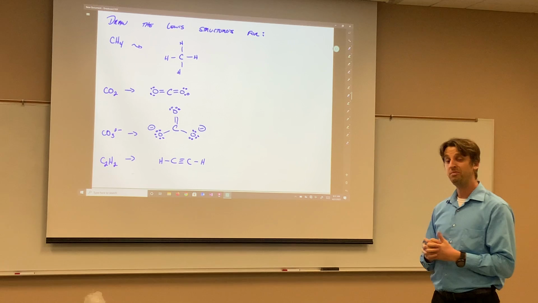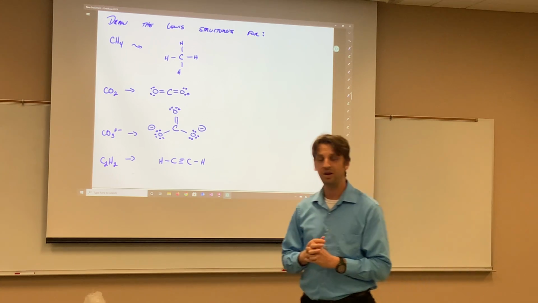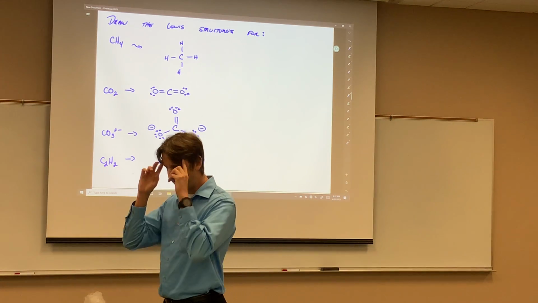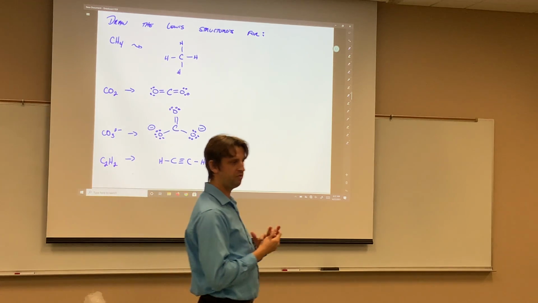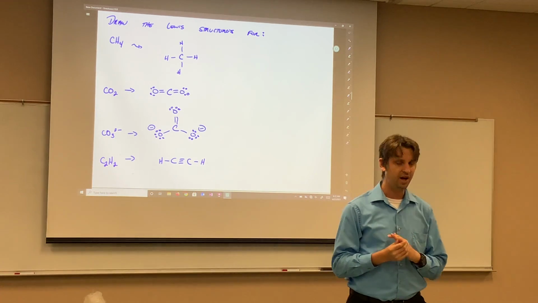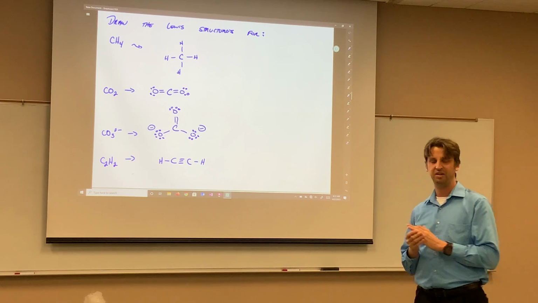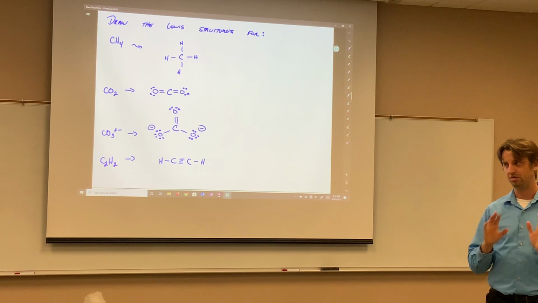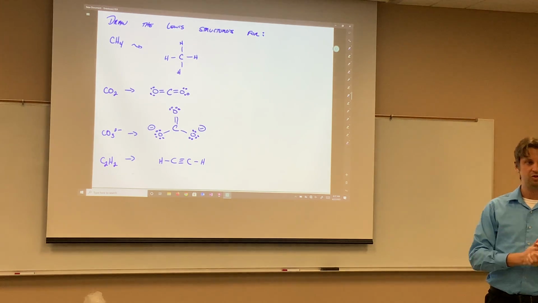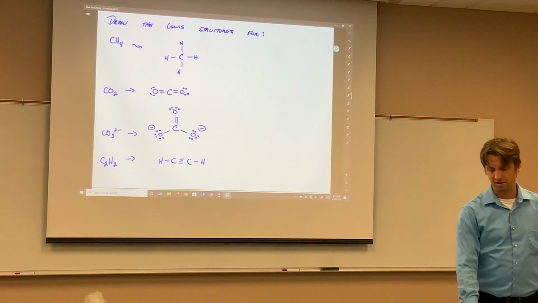Now, do you guys happen to remember why carbon, nitrogen, oxygen, and fluorine are kind of special? They're the most electronegative? No. Fluorine is, oxygen and nitrogen are, but carbon's not all that electronegative. But what makes them particularly special in conjunction to drawing Lewis structures?